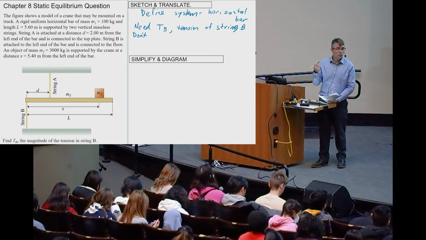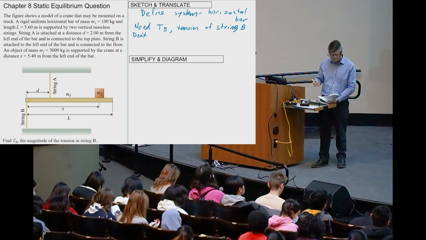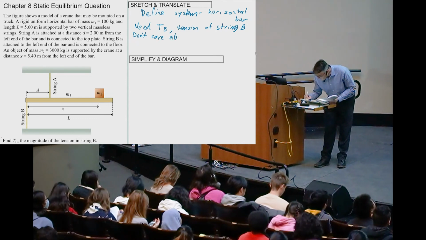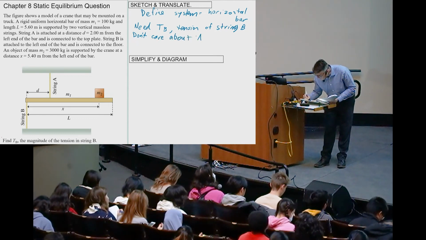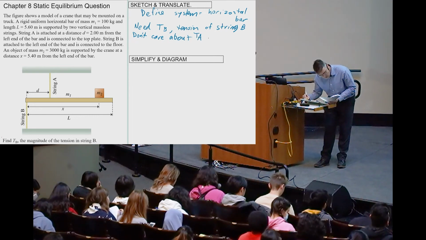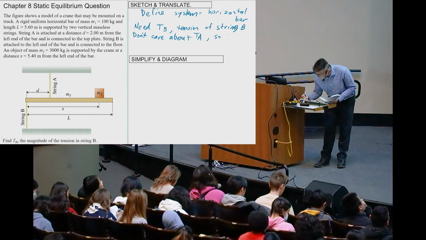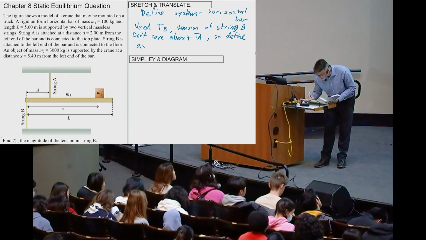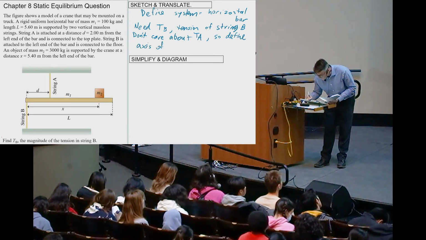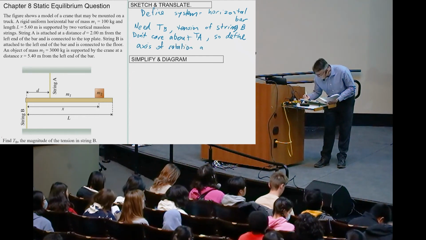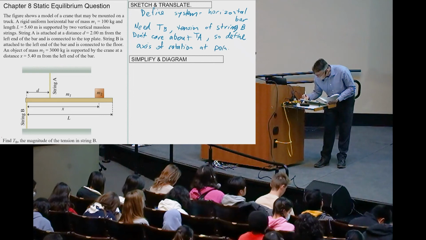And then I'm going to use torques to solve this out. Don't care about TA. So let's define the axis of rotation, a little shortcut, at point A.